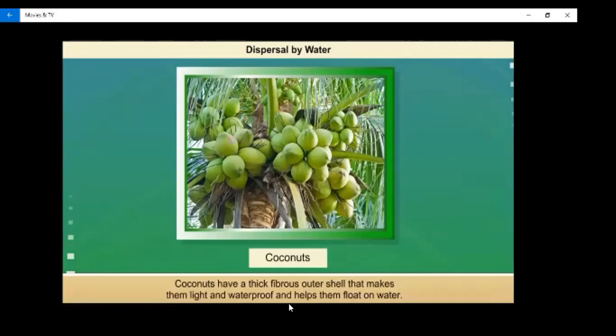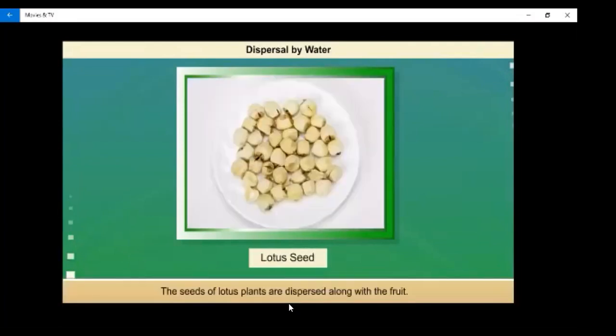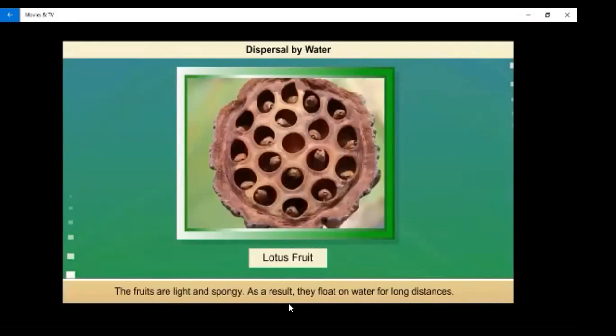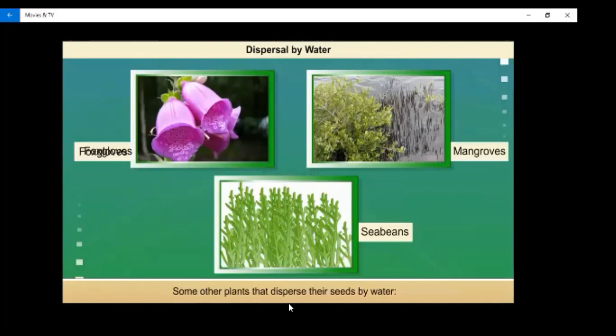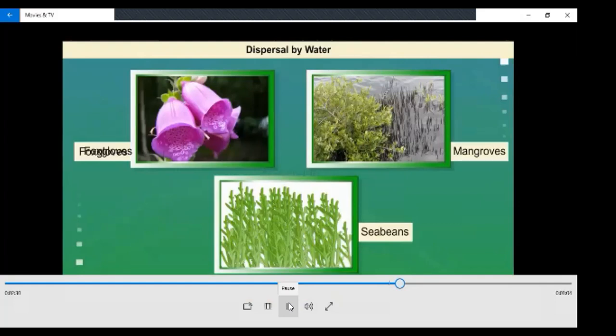Coconuts have a thick fibrous outer shell that makes them light and waterproof and helps them float on water. The seeds of lotus plants are dispersed along with the fruit. The fruits are light and spongy. As a result, they float on water for long distances. The seeds of foxgloves, mangroves, sea beans are also dispersed by water.